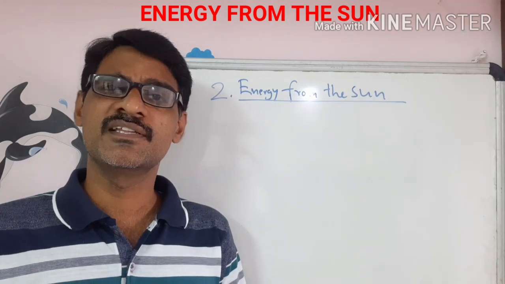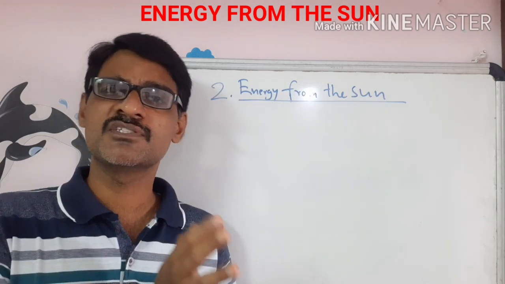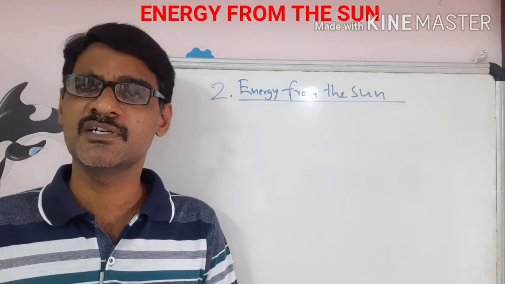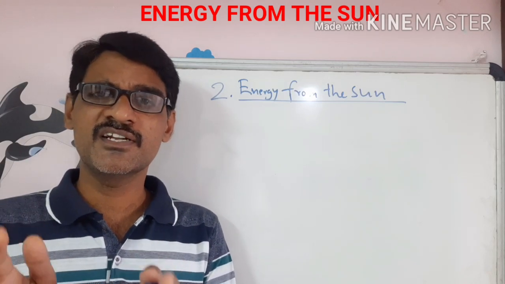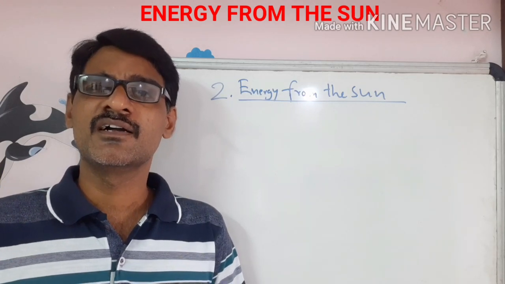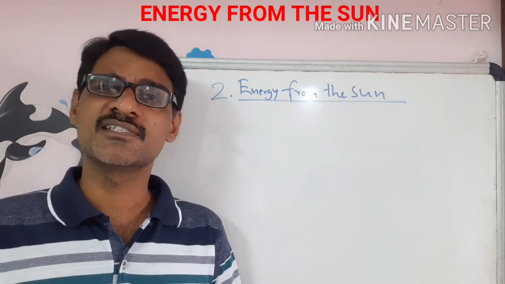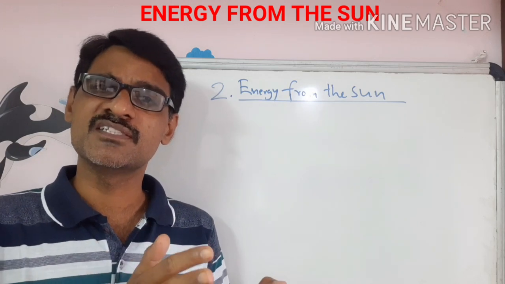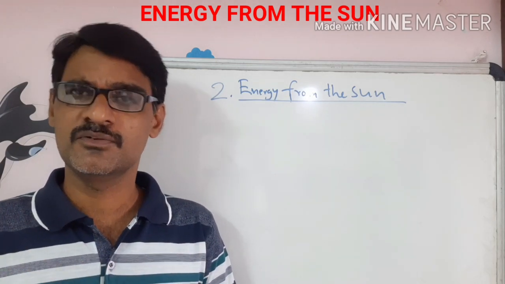So like this, the temperature varies from one place to another place, or from one period to another period. And the difference between the temperature of two places causes the moving of winds and causes the rainfall.